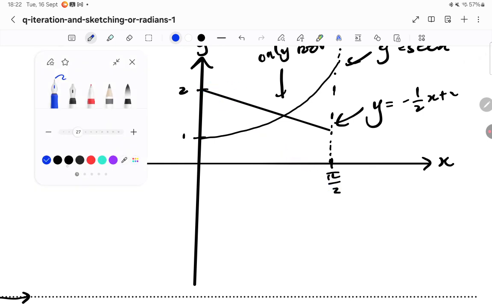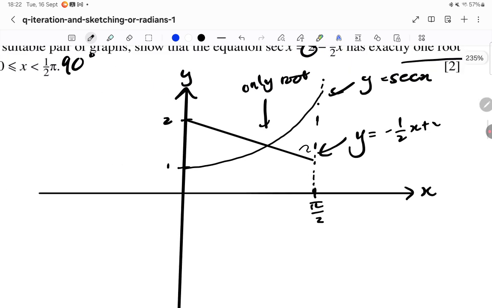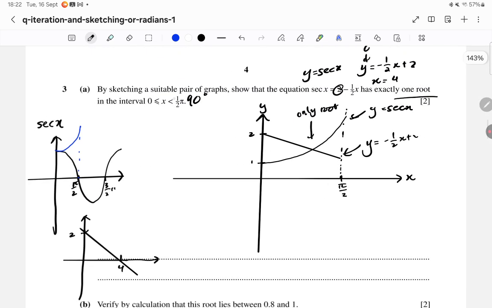But the tip is, when you're drawing a line graph, it's best to convert these angles into radians in numerical form. So 1 over 2 pi would be 1.570.